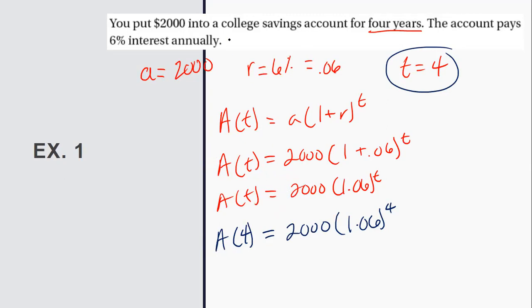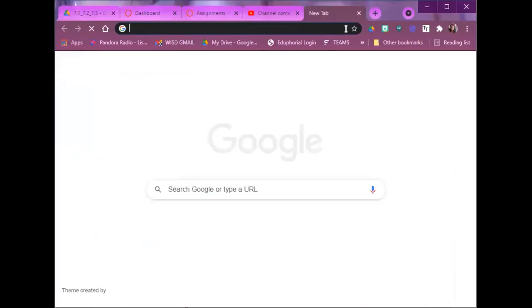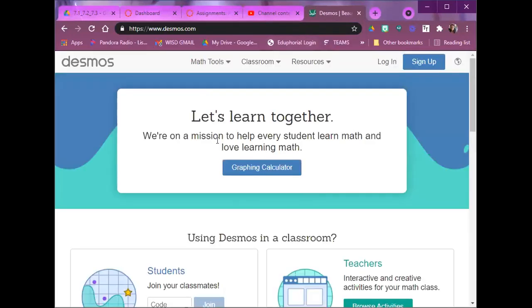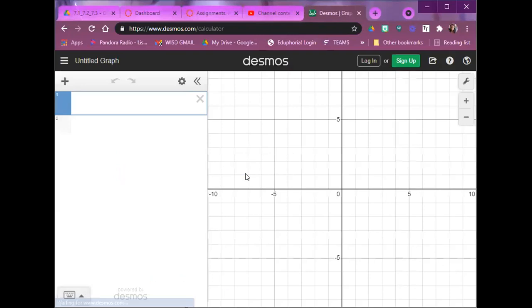Now I want to know how much I will have after 4 years. How much will I have saved in my savings account? So we're looking for A of 4, which equals 2,000 times 1.06 to the 4th power. Okay, so all we're going to do is go to Desmos. And when I type in my 2,000 times 1.06 to the 4th power, what do I get? 2,524.95.